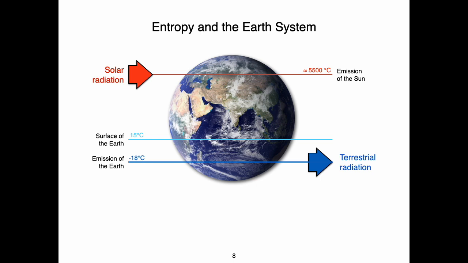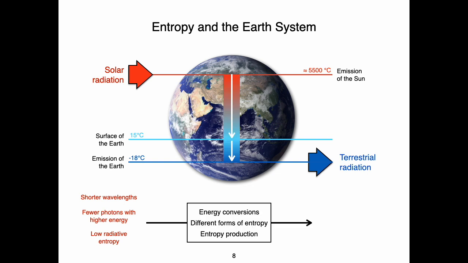Well, the temperature is very high, so at the orbit of the Earth, the solar radiation has a very low entropy. And how that materializes is that this low entropy solar radiation has short wavelengths. It means that the energy is distributed over fewer photons that have each a higher energy, and so that's low entropy.